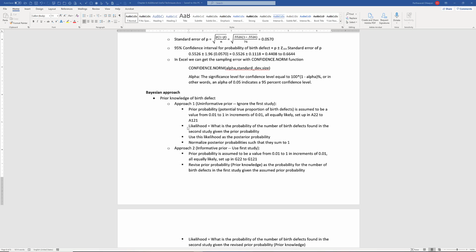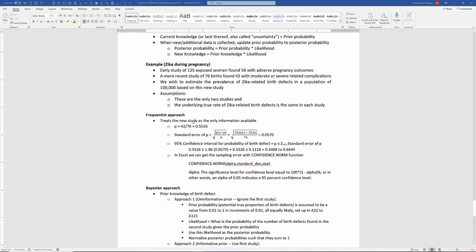Under these circumstances, 1%, 2%, 3% prior probability, what is the likelihood that we will get a study result like this? Which means if there is a 1% probability of underlying birth defect, then what is the probability that in a sample of 76, 42 of them will have the adverse condition?